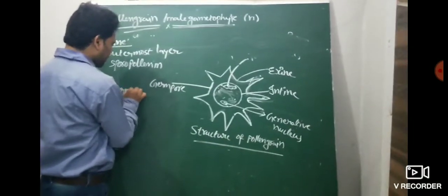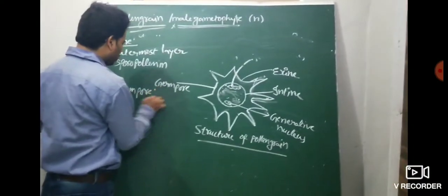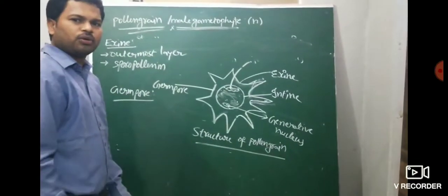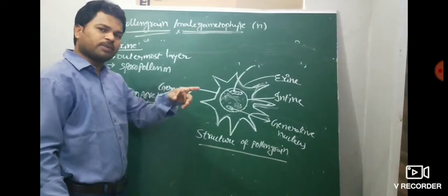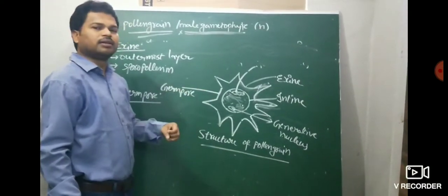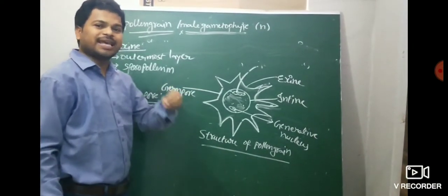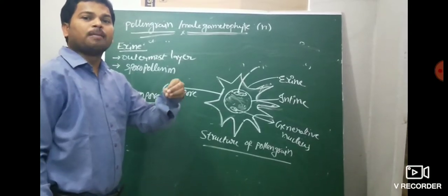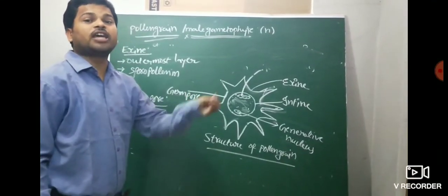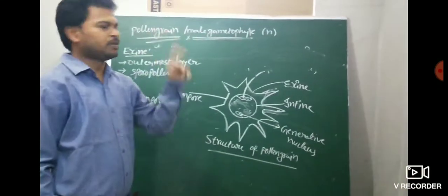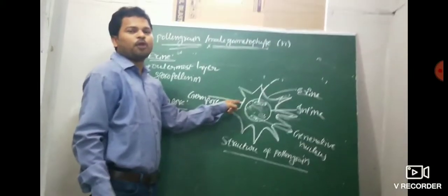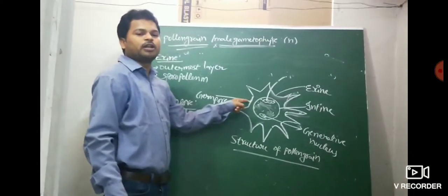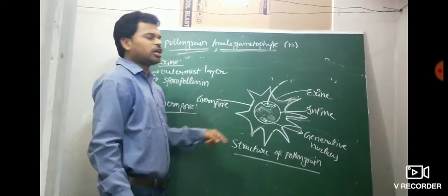Those are called germpores. The outermost layer has apertures where sporopollenin is absent. Where sporopollenin is absent, that is called a germpore.